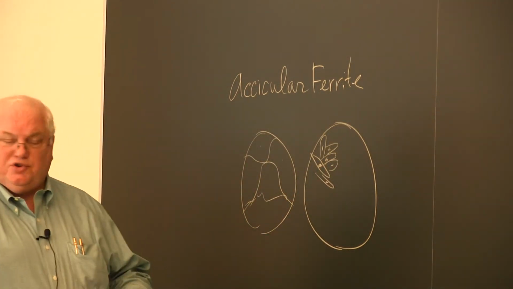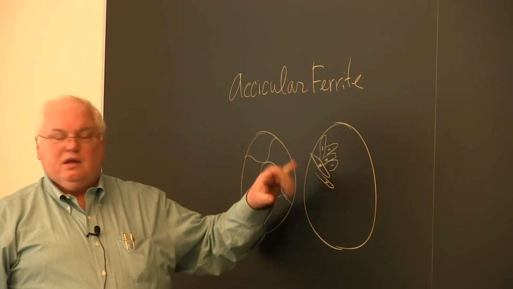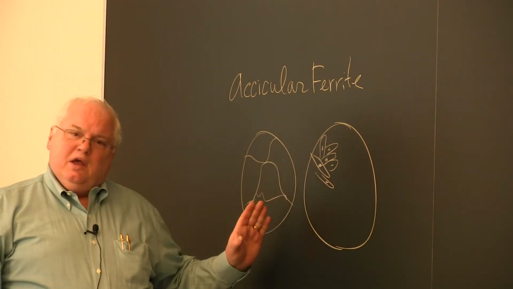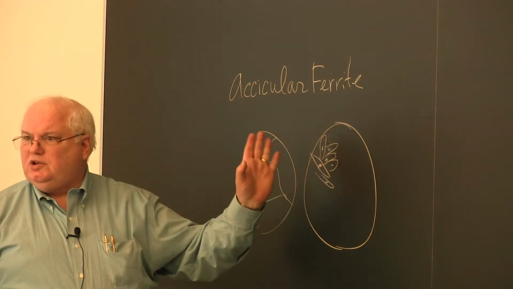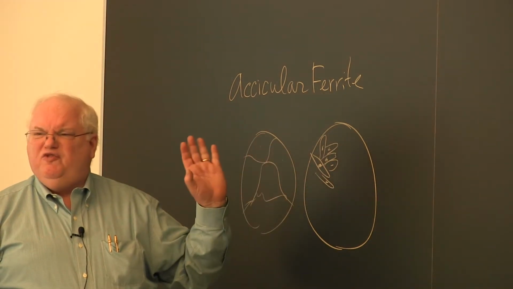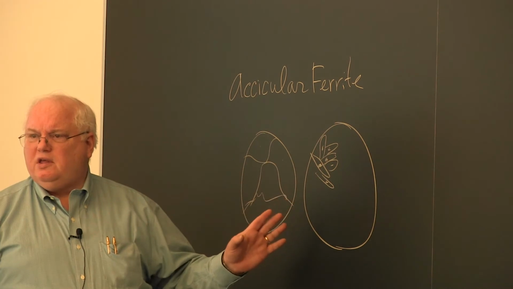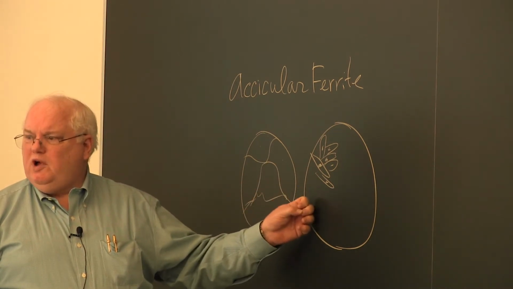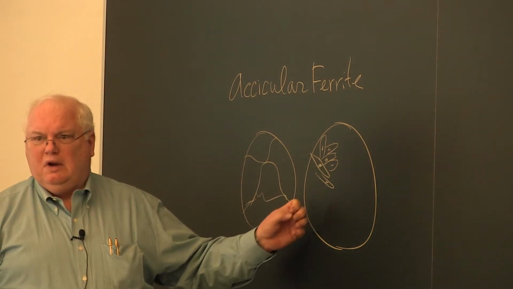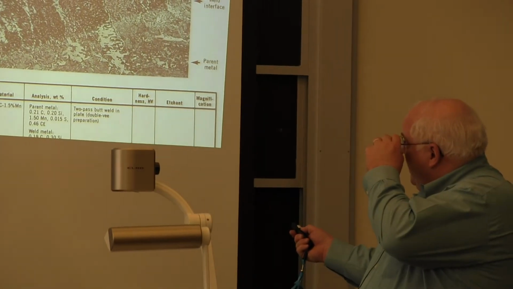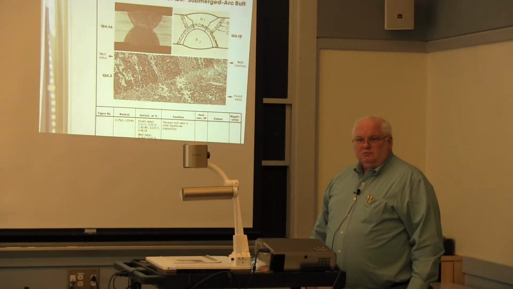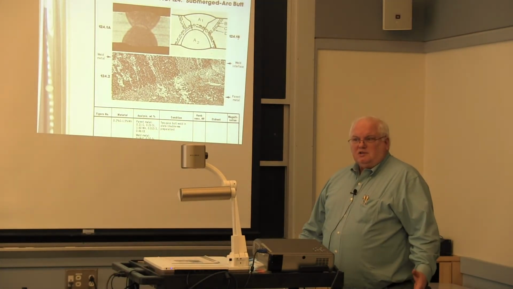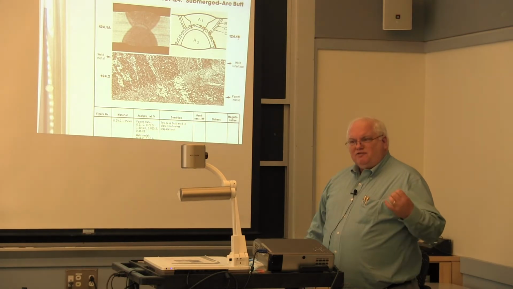That's what the acicular means. It's needle-like structure, and these are high angle grain boundaries. When the crack tries to go through there, it's blunted, it changes its direction, and it gives you very high toughness, very high strength for the composition of the weld metal. Okay? So it turns out, even if I'm welding a 0.3 carbon base metal, I might use a 0.15 carbon weld metal, because I have this finer structure.